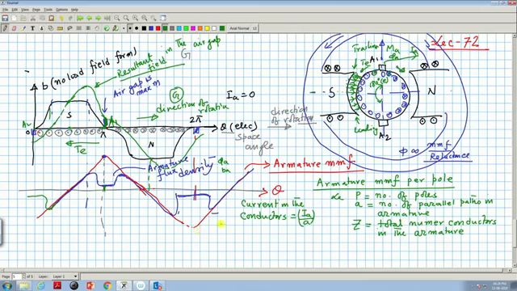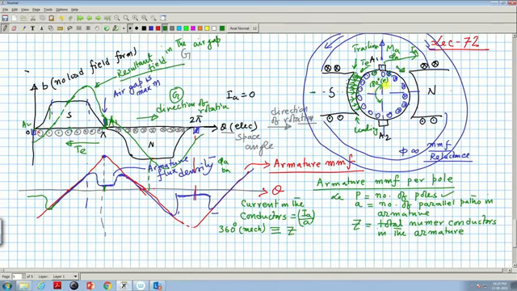Now, you see this calculation is simple algebra, but follow me carefully. Over 360 degree mechanical, there are Z number of conductors present. If it is a P polar machine, over 360 degree mechanical, that is uniformly distributed, whatever it is.